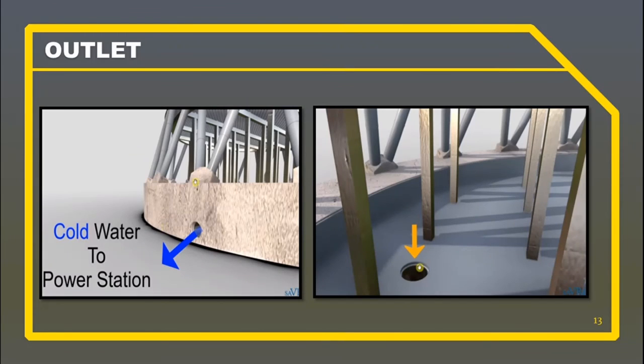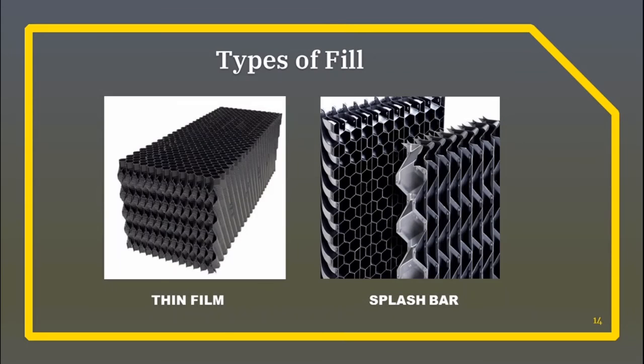At the tip of each fill, a water droplet is formed, which has a lower temperature than the water that enters the cooling tower, or the water distribution manifold. Then, it will drop into the basin, which is pumped back to be used in the plant. There are two common types of fill: the thin film and the splash bar.